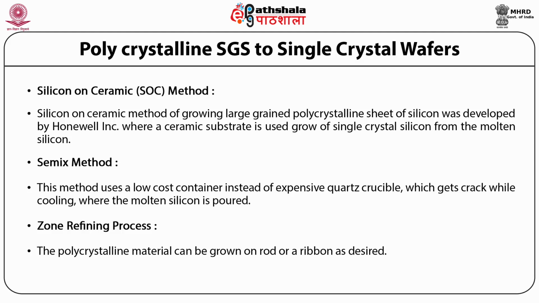The method by which multicrystalline silicon is grown is known as the CEMIX method. This method uses a low-cost container instead of expensive quartz, which cracks while cooling, where the molten silicon is poured.